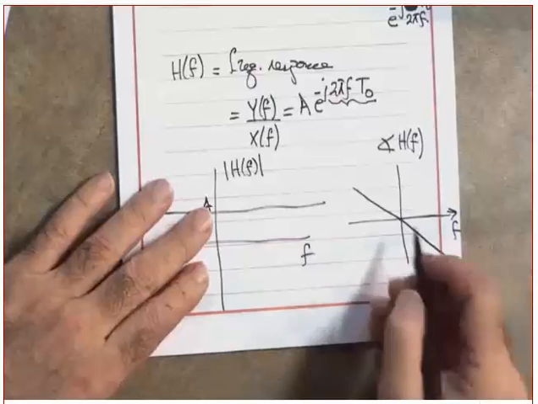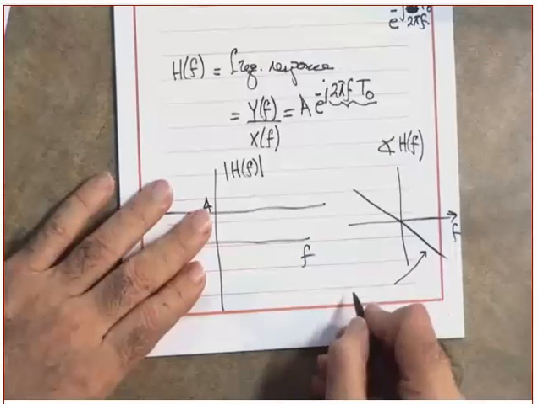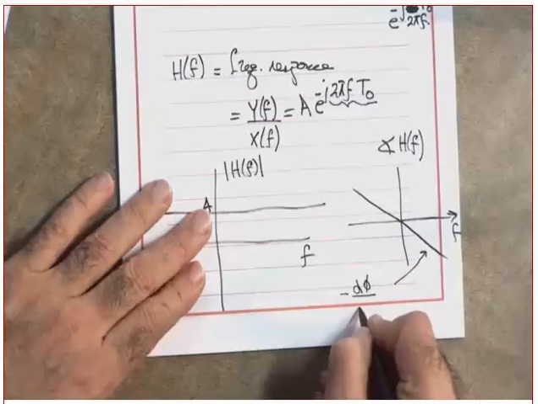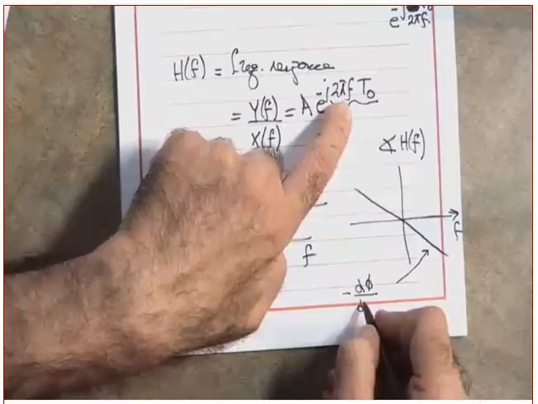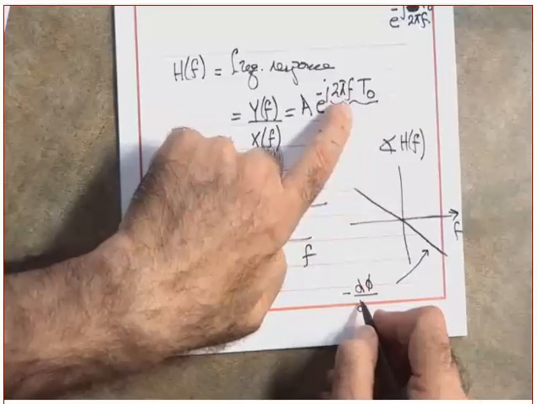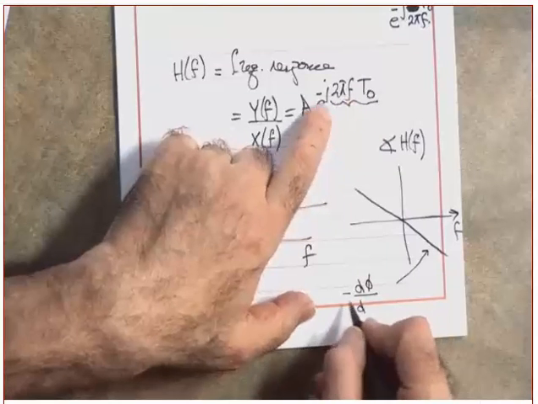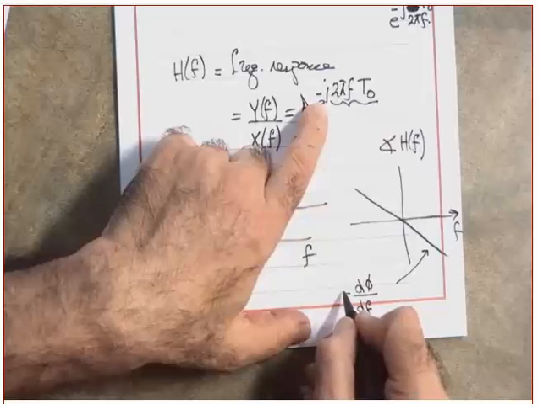Yes or no? Okay, what is the slope of this guy? Minus d phi, differentiate with respect to what? With respect to omega or 2 pi f? Which means what do you get? With a minus. So it's d by df, 1 over 2 pi?